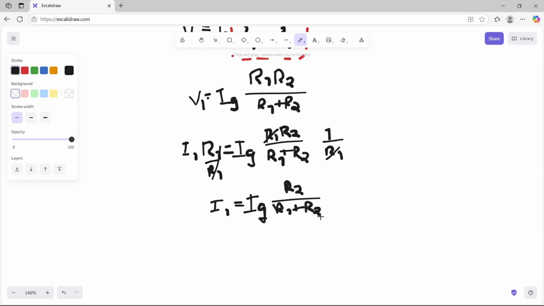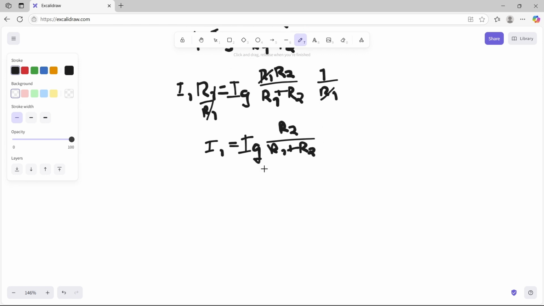So I understand that this is all letters and words and symbols, but you can see the relation here. I1, if R2 were to increase, well, I1 would increase. I1 is proportional to R2 over R1. This is a very important equation to understand.